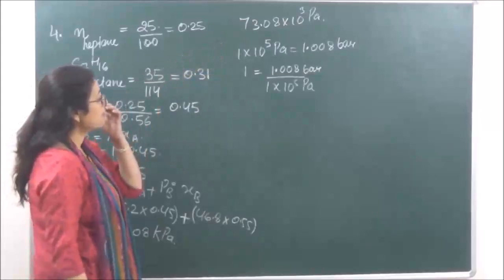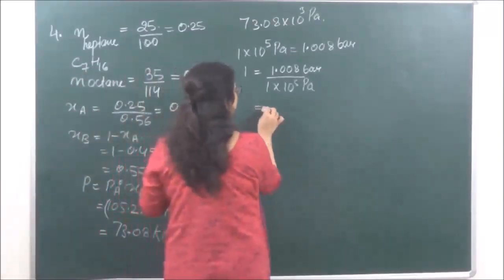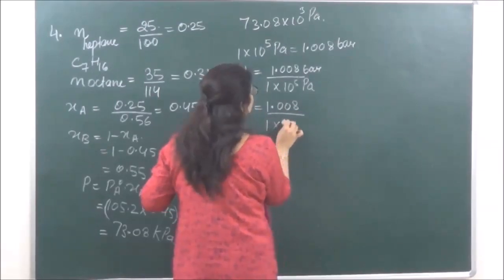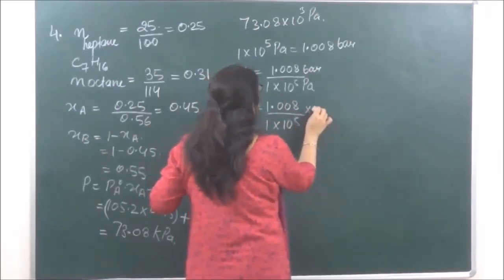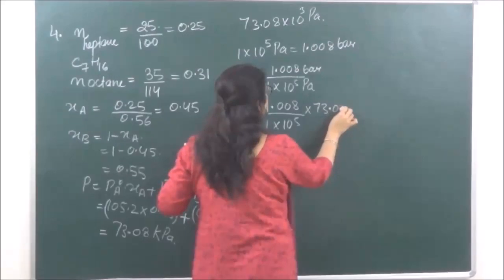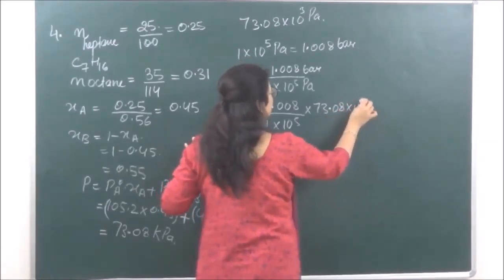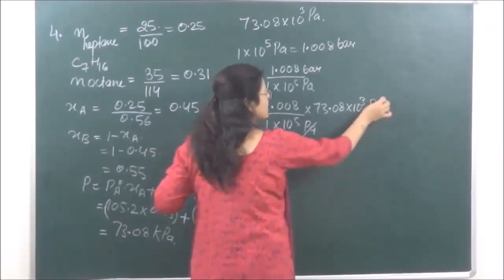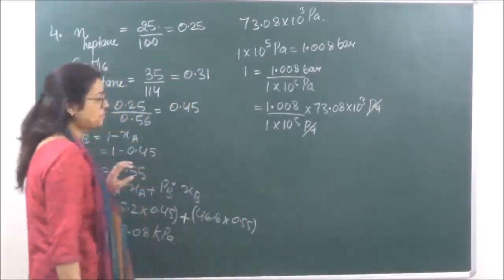And these many pascals will become equal to 1.008 upon 1 into 10 raised to power 5 into 73.08 into 10 raised to power 3 pascals. Pascals and pascals cancel out.